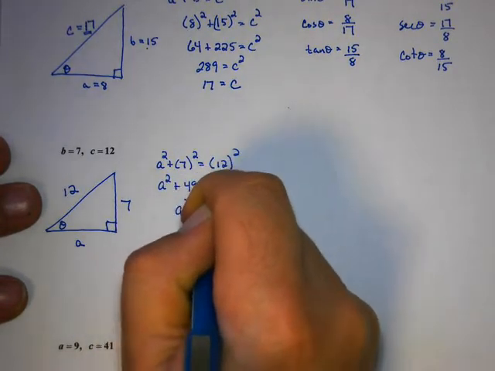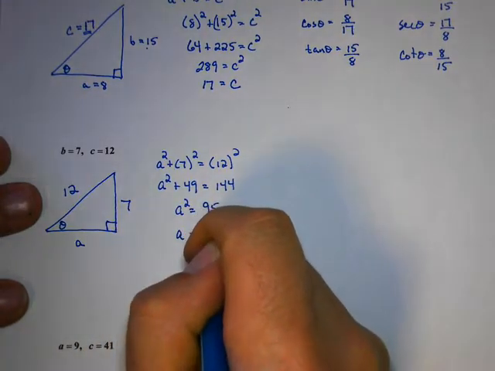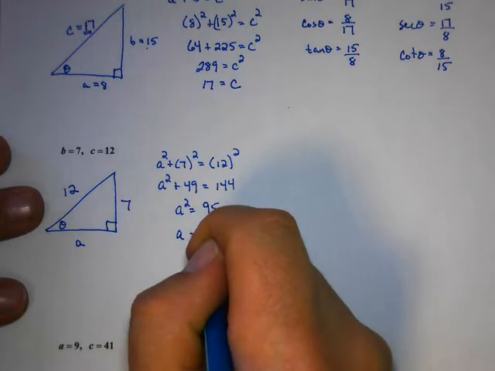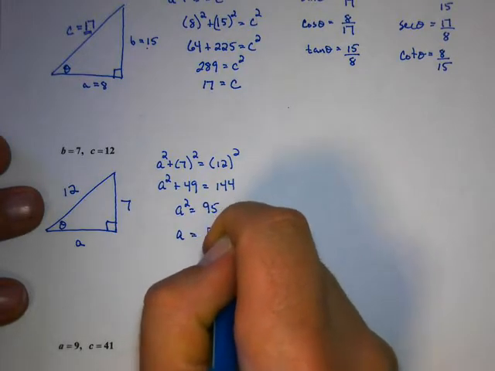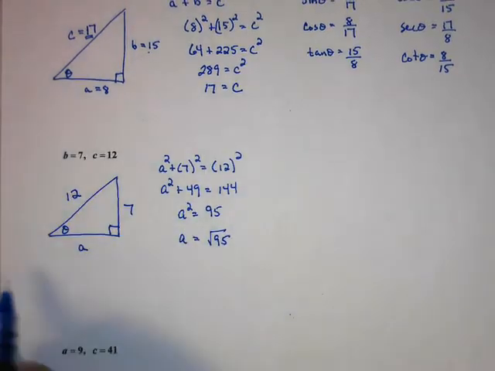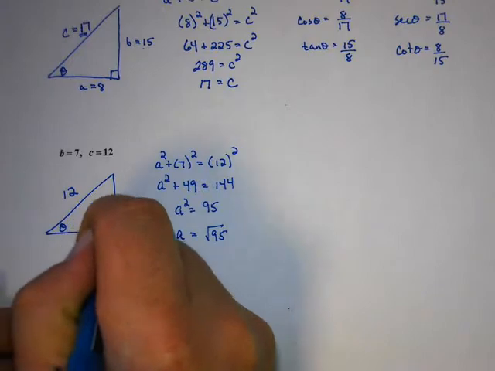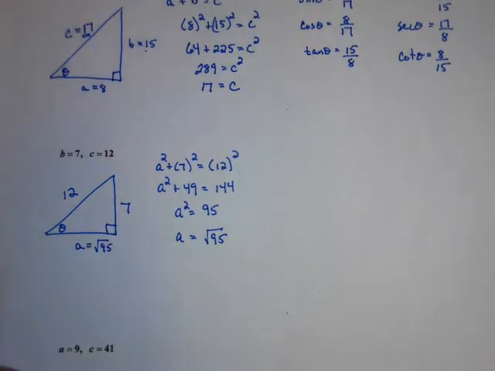A squared equals 95, so a equals plus or minus the square root of 95. But because this is a triangle, we're not going with our xy direction and stuff. We're going to use the positive one, the square root of 95.